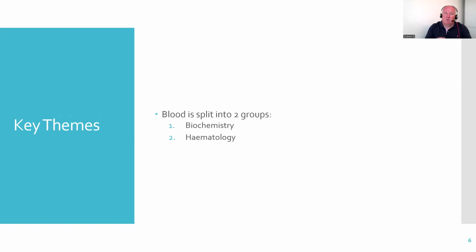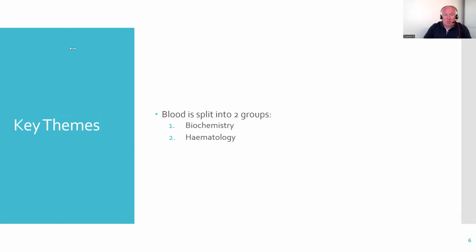Okay, so in this session, we're going to have a look at the results itself and kind of how we would look at interpreting them. To start off with, the blood is split into two different groups, the biochemistry and the hematology.